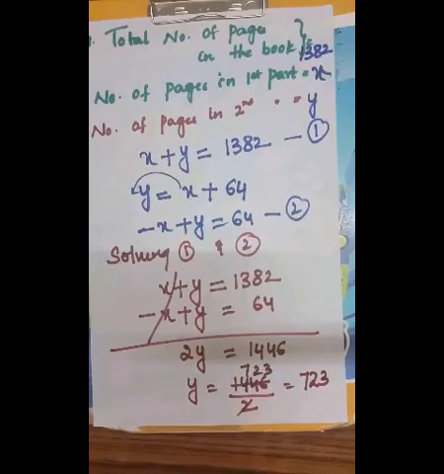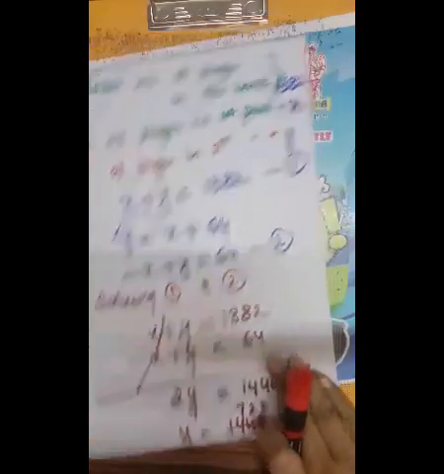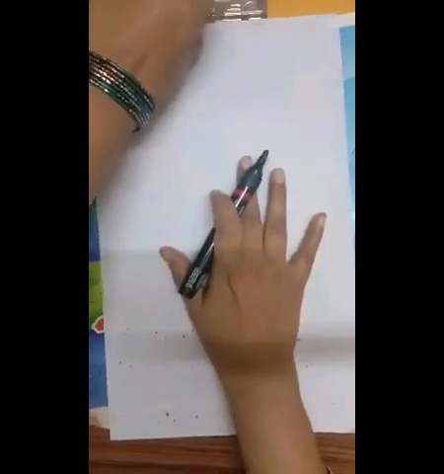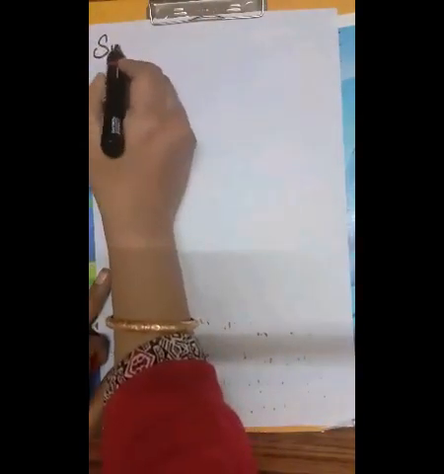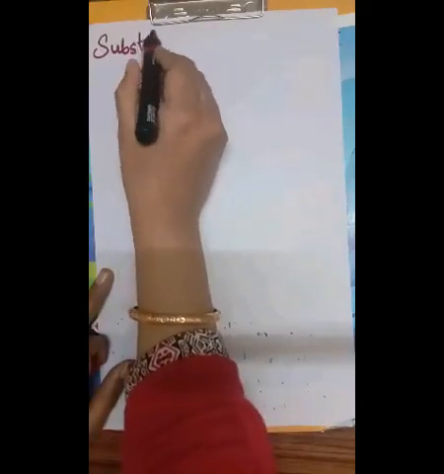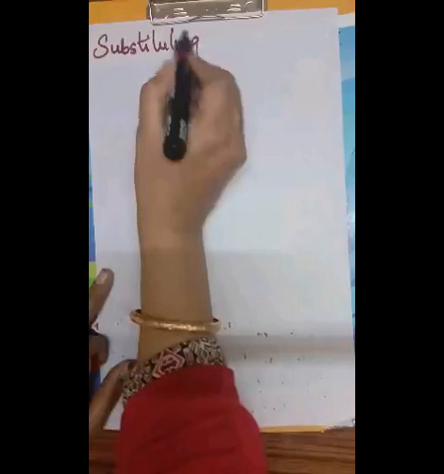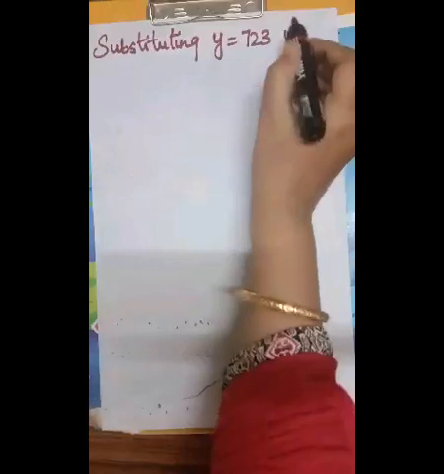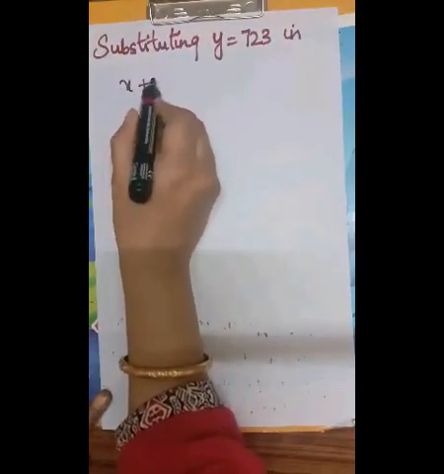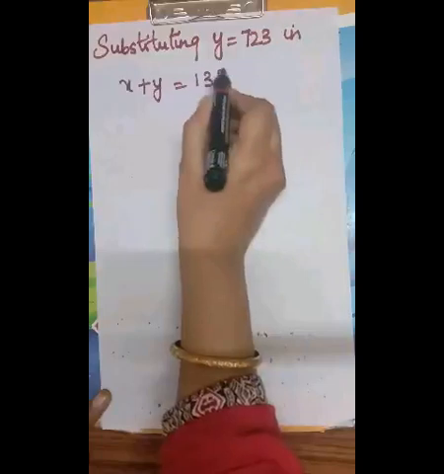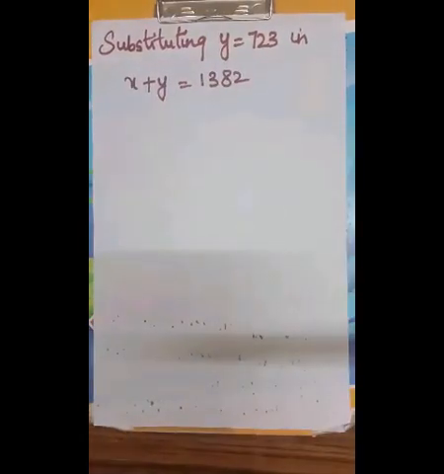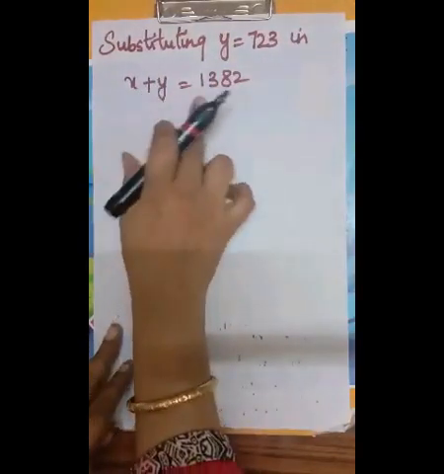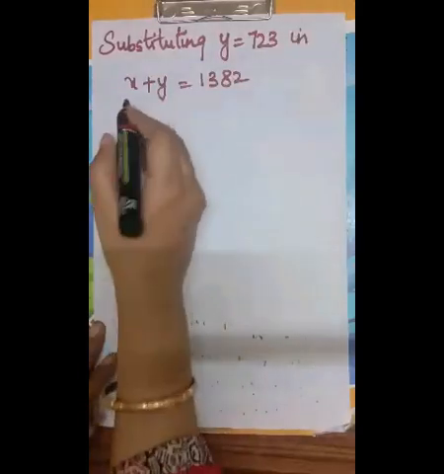To get the first part, substituting the value of y in any equation. Substituting y is equal to 723 in x plus y is equal to 1382.